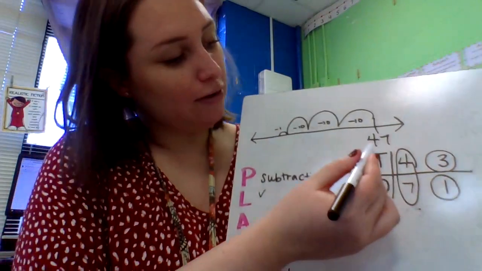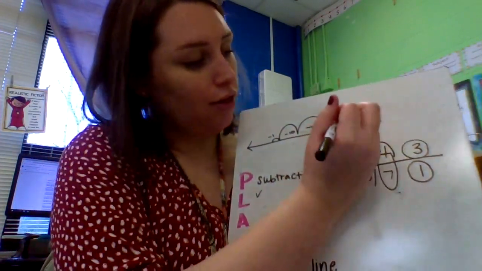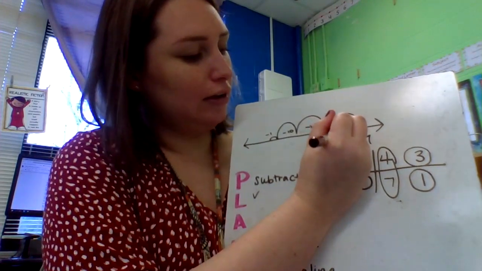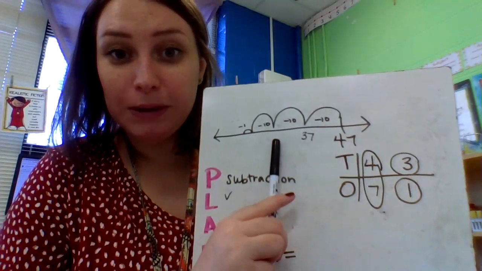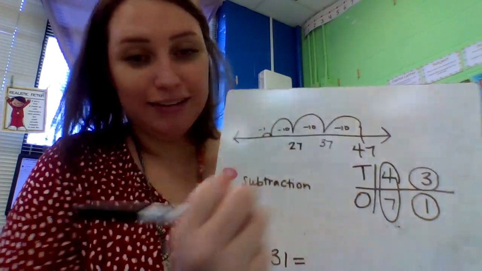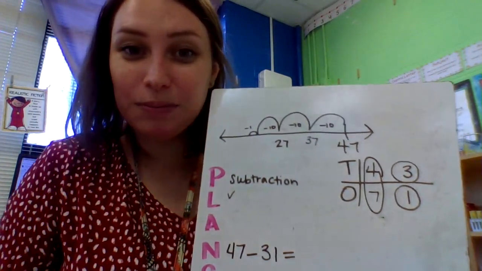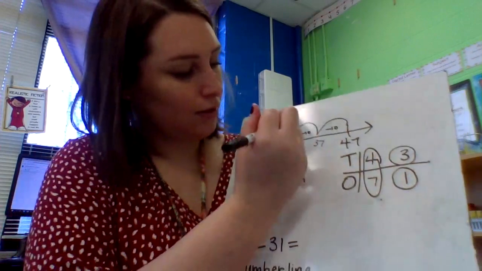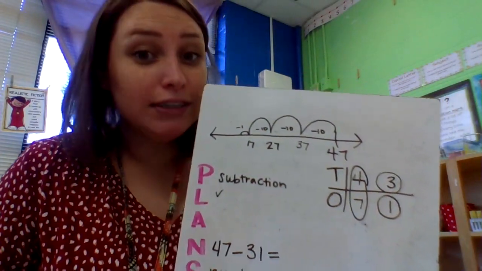So 47 minus one group of tens would be 37. Good job. 37 minus one group of tens would be 27. Excellent. 27 minus one group of tens would be 17. Awesome.